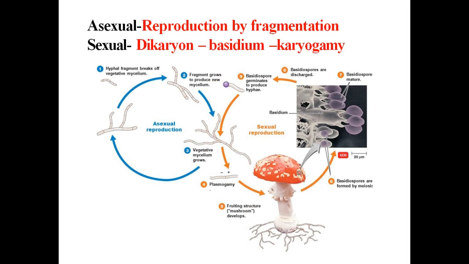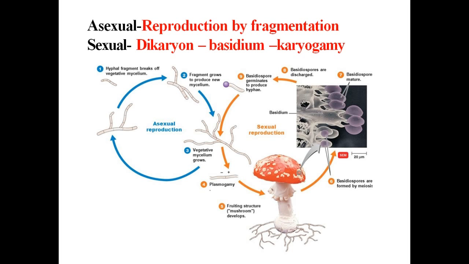The sex organs are absent, but plasmogamy is brought about by fusion of two vegetative or somatic cells of different strains or genotypes. The resultant structure is dikaryotic, which ultimately gives rise to the basidium. Karyogamy and meiosis take place in the basidium, producing four basidiospores.